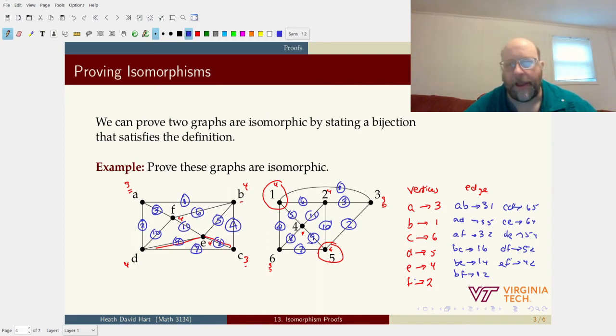That's the idea, that an isomorphism is one in which there's a bijection of vertices and a bijection of the edges, and they're compatible with each other. So it's not just having the same number of vertices and the same number of edges. We have to check for that compatibility requirement as well. Okay? So this is a proof, though, that graphs are isomorphic.